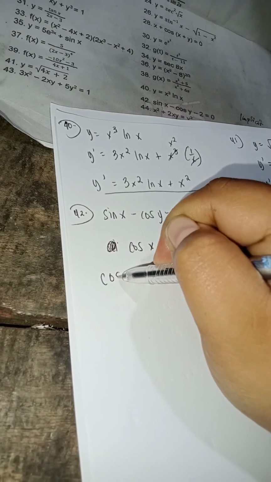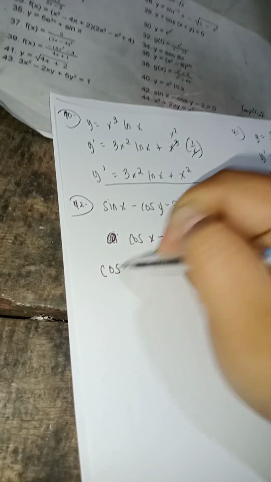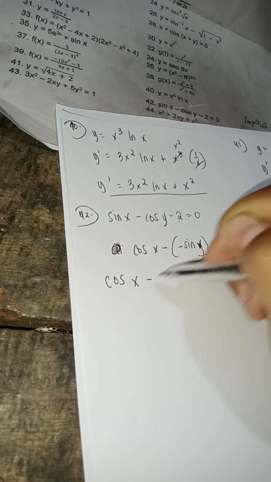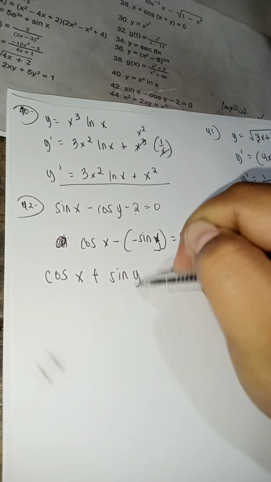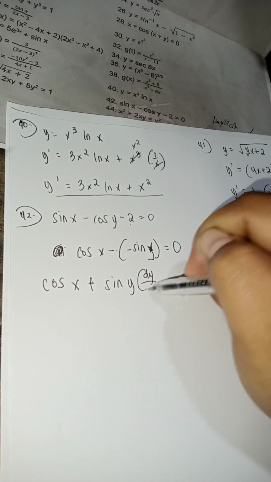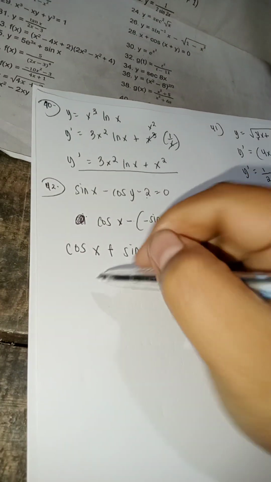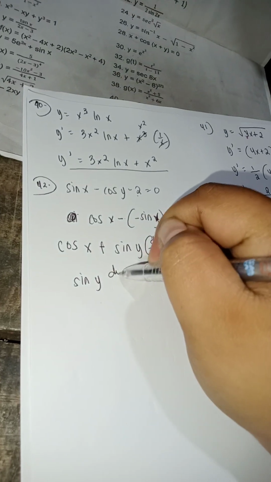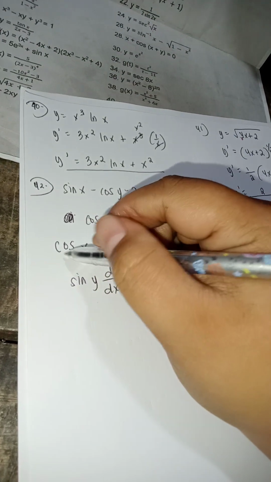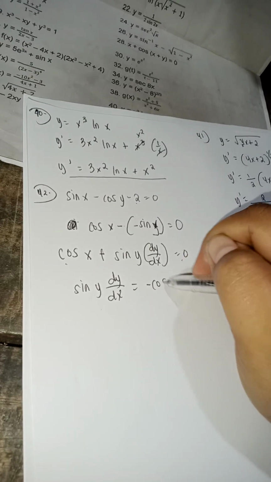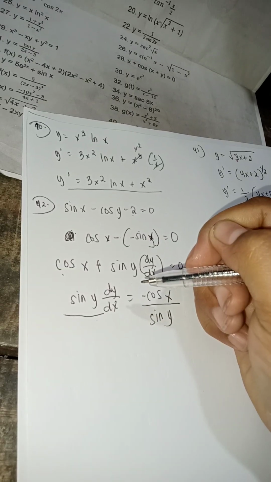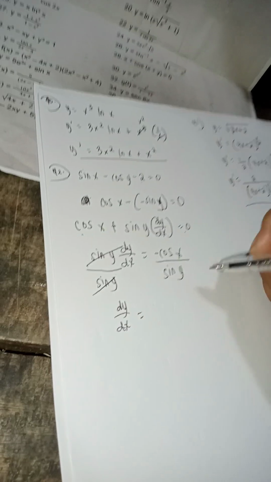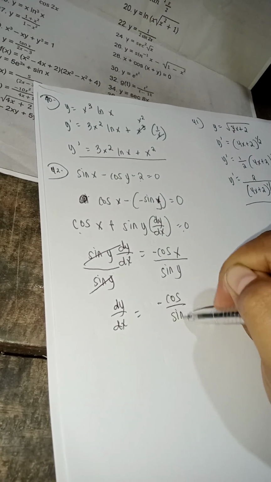We are going to add its dy over dx. So, copy minus, negative times negative is plus sin y dy over dx equal to 0. So, put sin y dy over dx is equal to, put on the other side negative cos x. Okay, so divide both sides by sin y. Sin y cancels, it remains dy over dx is equal to negative cos x over sin y.